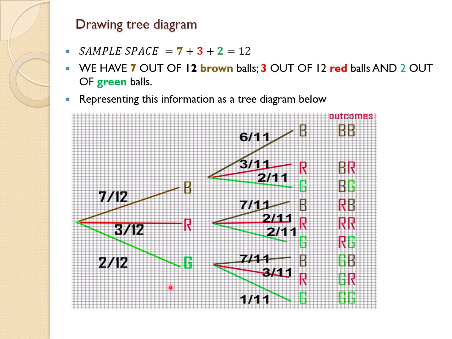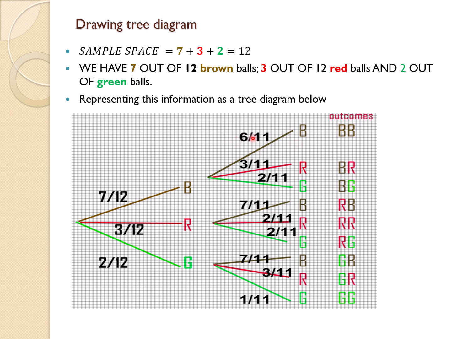I hope you follow. Alright, after selecting a brown ball, I can again select brown, red, or green. But now remember, the balls are not placed back into the bag. So when I've selected brown, instead of having 12 balls as my sample space, I'm left with 11 balls. The brown balls, remember I've already selected 1, so from 7 I'm left with 6. So I'm left with 6 out of 11 balls.